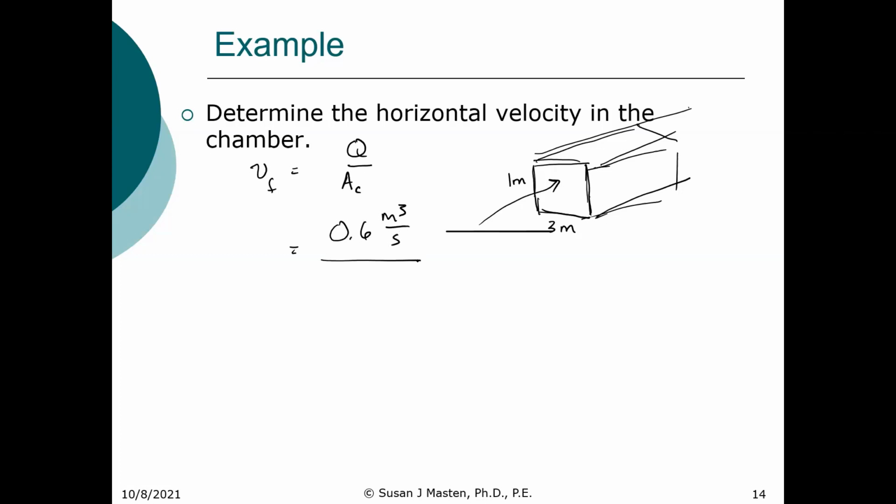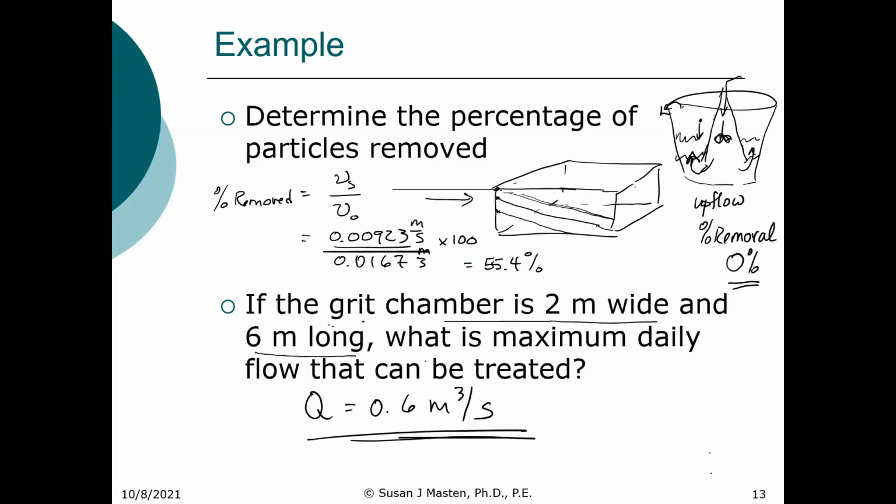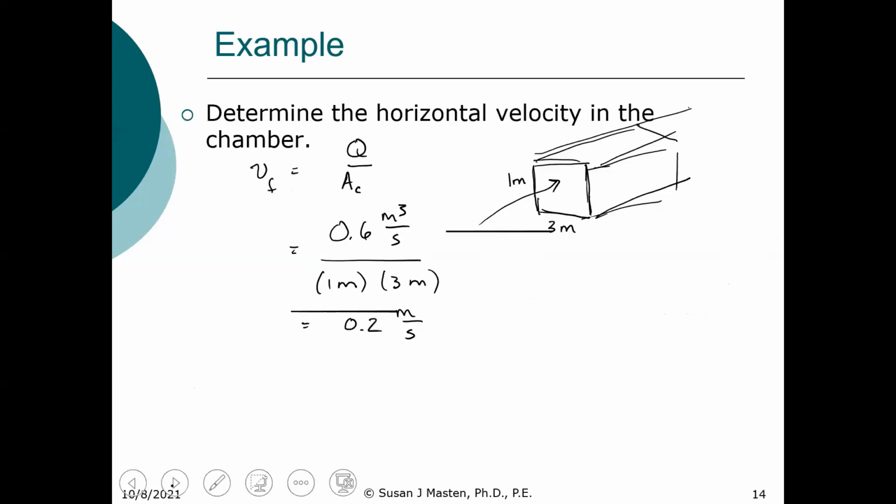The cross-sectional area is 1 meter by 3 meters, and that means the horizontal fluid velocity is 0.2 meters per second. I apologize for the mistake in my thought process when I wrote out the solution here. So I've just set the maximum daily flow, and then we can calculate the horizontal velocity.